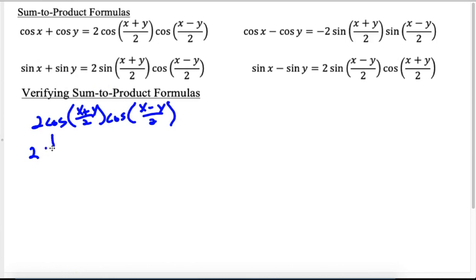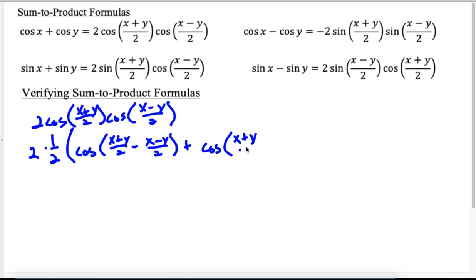I'm going to have 1/2 times the cosine of x plus y over 2 minus x minus y over 2, just the first one minus the second one, plus the cosine of x plus y over 2 plus x minus y over 2, just the first one plus the second one.